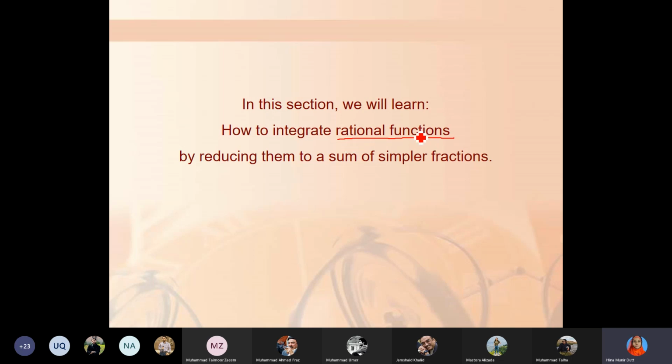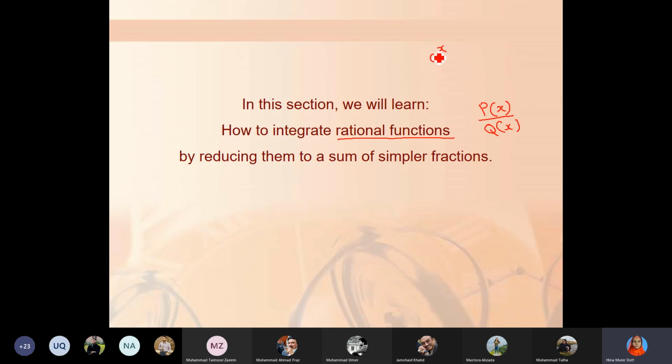So what is a polynomial? A combination of a constant and a variable. So it's a polynomial.